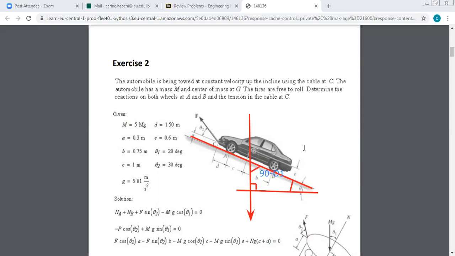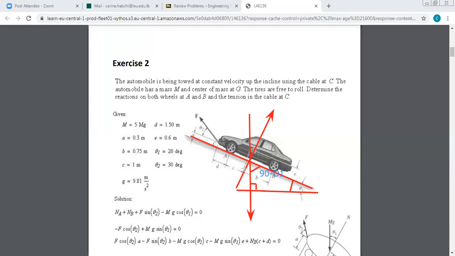So this is 90 minus theta 1. Since the angle of the weight with the x-axis, which is inclined, is 90 minus theta 1, what about the angle of the weight with the perpendicular to x, which is the y-axis? If I present here the y-axis, which is perpendicular to x, this angle here will be what?